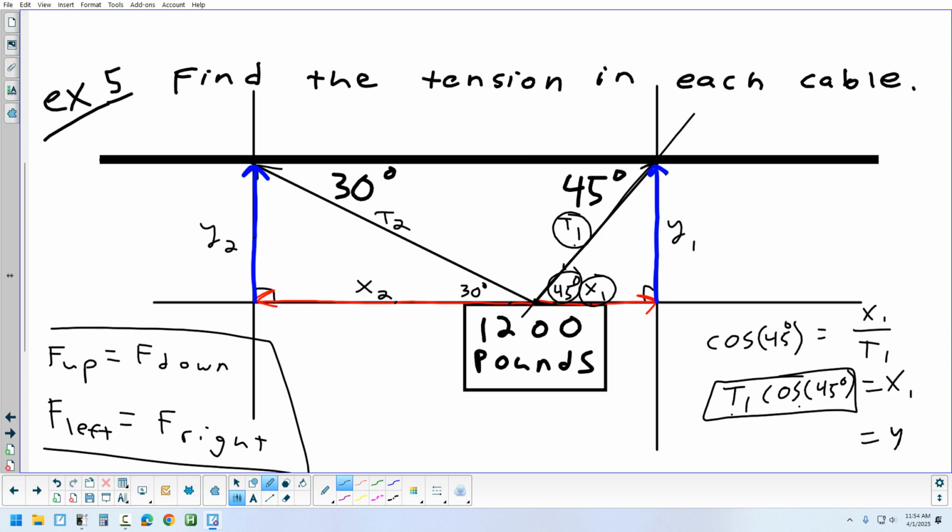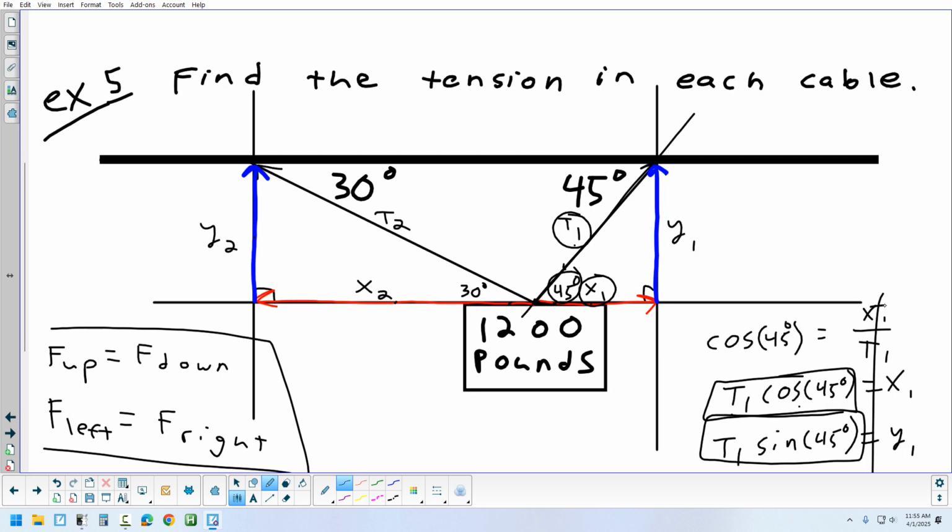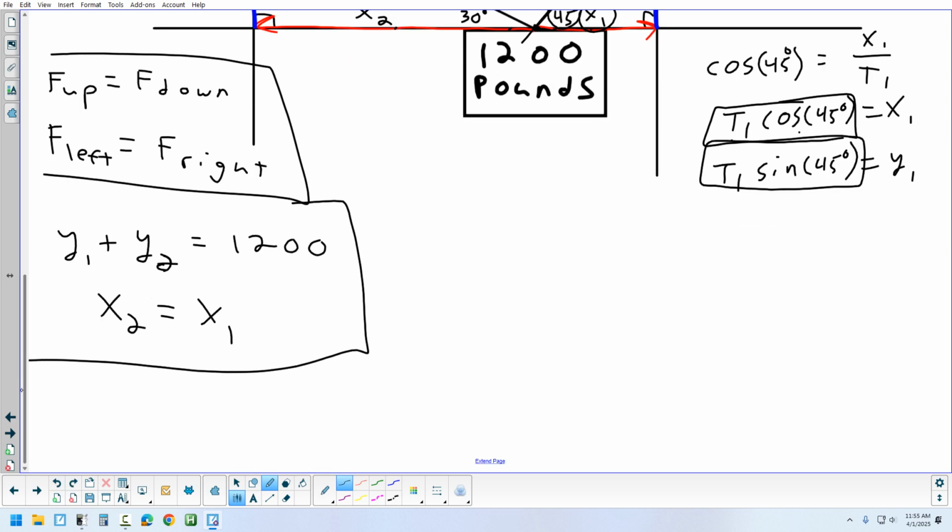Okay. Based on that, anyone think they can tell me what y1 would be? Yep. T1 sine 45. Okay, so there's y1. Now we need x2, and we need y2.